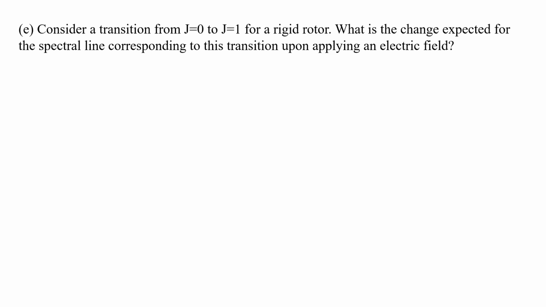It says to consider the transition between j equals 0 and j equals 1 for a rigid rotor. So what do we expect? How many transitions do we expect?